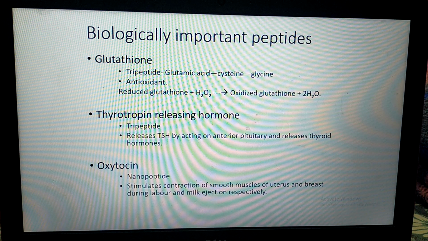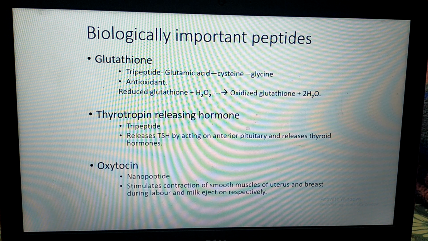Here I have shown one example, hydrogen peroxide. It is a reactive oxygen species which is formed in the cell and it is toxic for the cell. Now reduced glutathione donates two hydrogen atoms to this hydrogen peroxide and converts it into a water molecule.